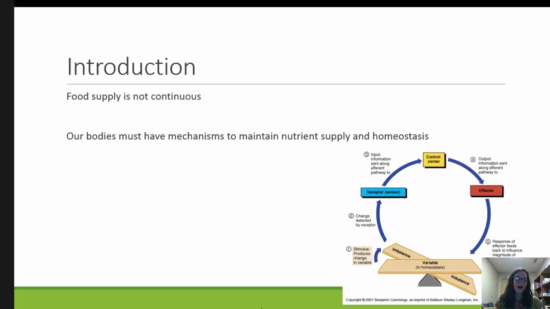Now, we know throughout our entire education in dietetics that our body really strives to maintain homeostasis, which means that our body has to keep levels of certain nutrients and other molecules in a really tight zone in order to ensure optimal biological processes. So, one example that we'll refer to throughout this talk is insulin and glucose. We know that our bodies work really hard to maintain a really tight level of glucose in our bloodstream. So it wants to maintain this homeostasis.